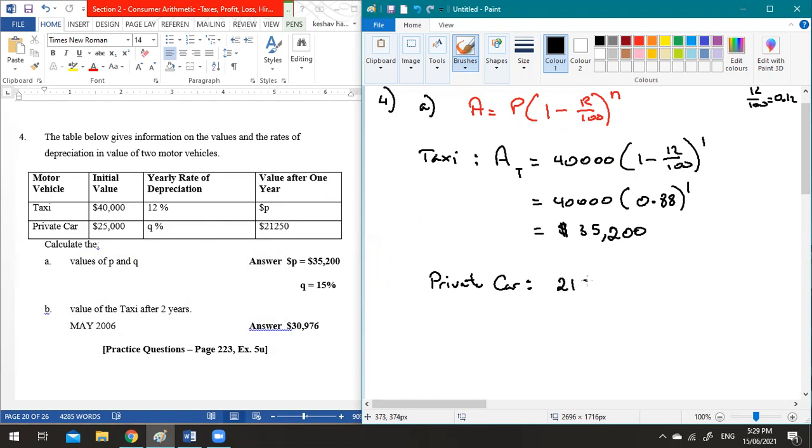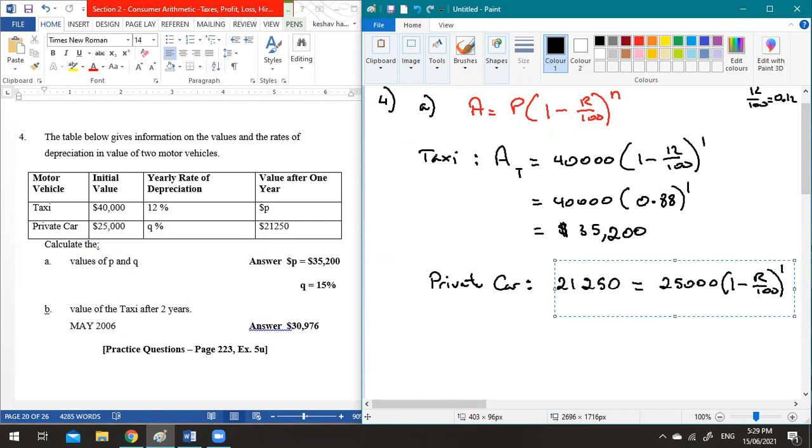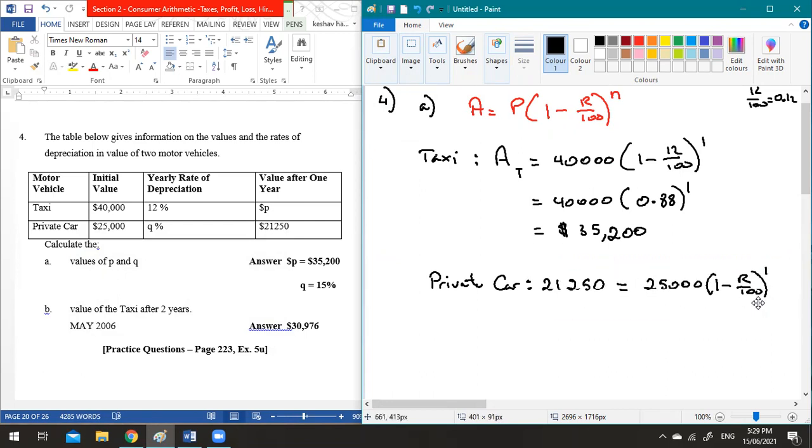So the amount that it is worth, based on the formula, is equal to the principal amount, 1 minus the rate over 100 to the power 1. Let me just bring this a little more to the left, a little bit too far. Right? So now we want to solve for R. We know the bracket is itself because it's to the power 1.